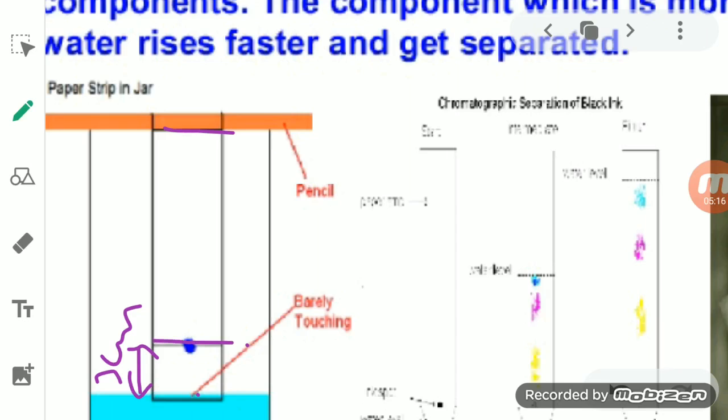Then put a small drop of ink on the filter paper at the center of the pencil line. So you will see here we draw a line 3 centimeter above one end of the filter paper, and at the center of this line we put a small drop of black ink on it.